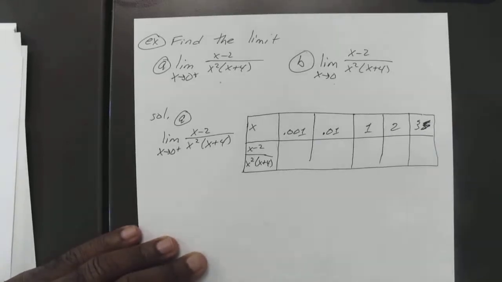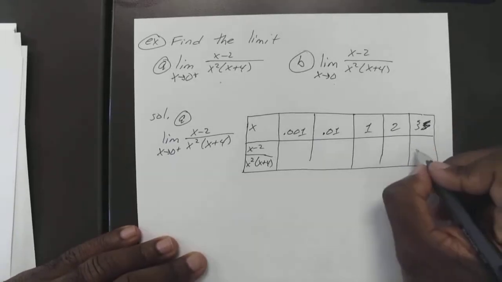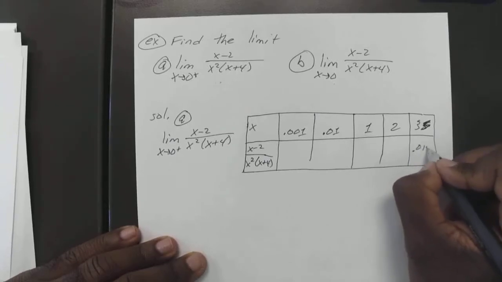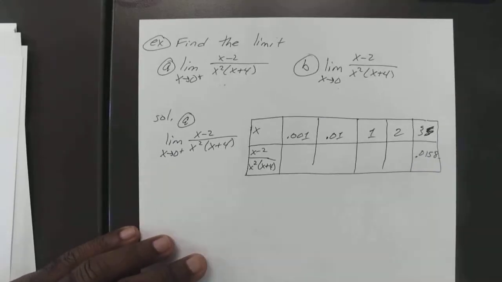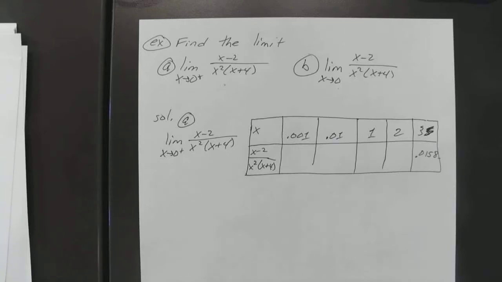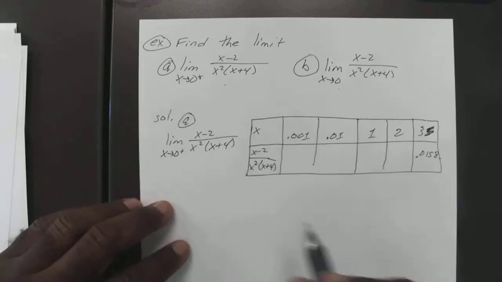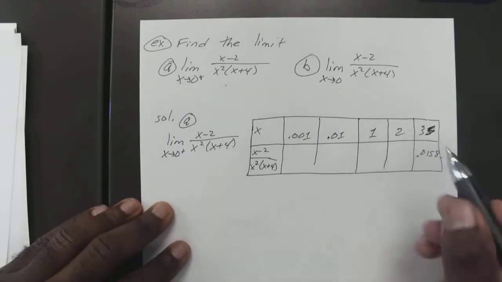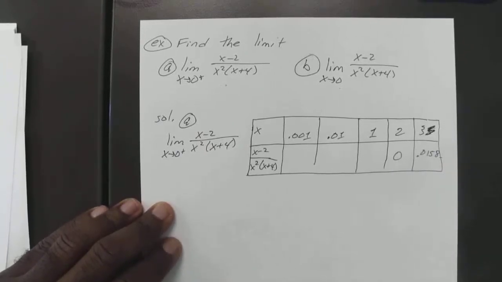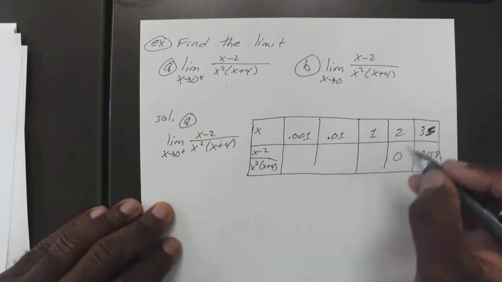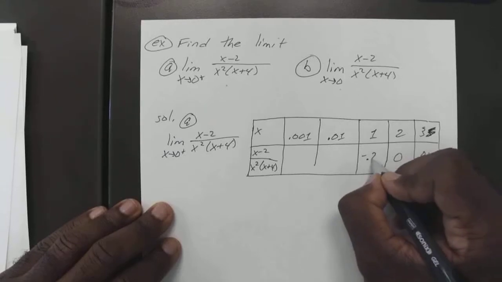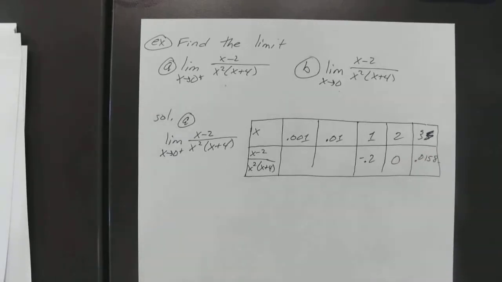Okay, so if we plugged in 3, we'd end up with 0.0158, and that's just kind of a rounded number. It just keeps on going and going. Okay, if we plugged in 2, you get a numerator of 0, so we just end up with 0. If we plugged in 1, we'll have negative 0.2.